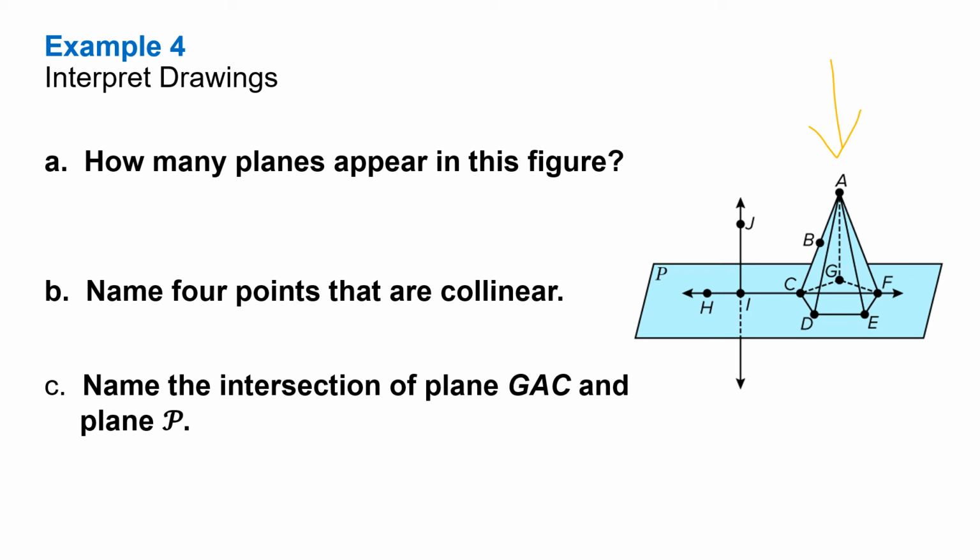So there are 5 different triangles meeting at point A. Recall from your definition of a point that there exists a plane between any 3 points that are not on the same line. So each one of these triangles represents 3 points that are not on the same line. So there are actually 5 planes represented by triangles.